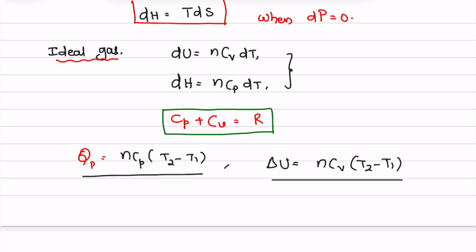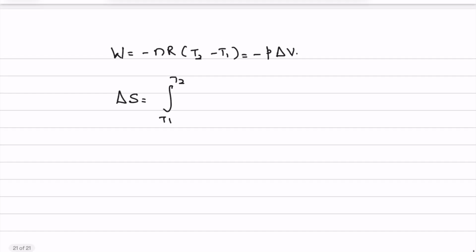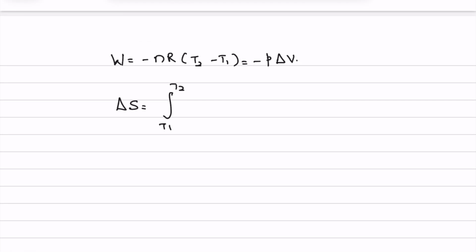In place of dH, when you put nCp dT, then you will get delta S, nCp dT by T. Because here dH is equal to nCp dT, then it will be Cp by T into n dT.